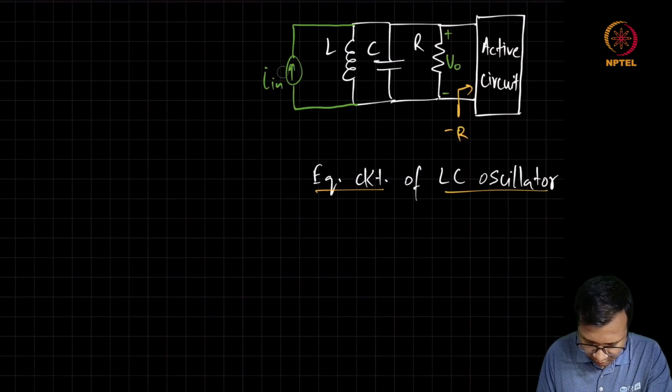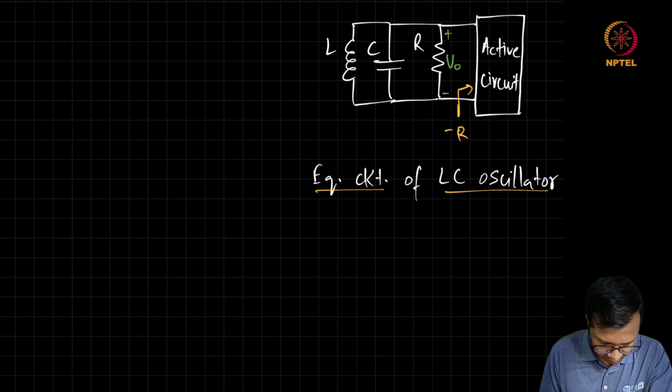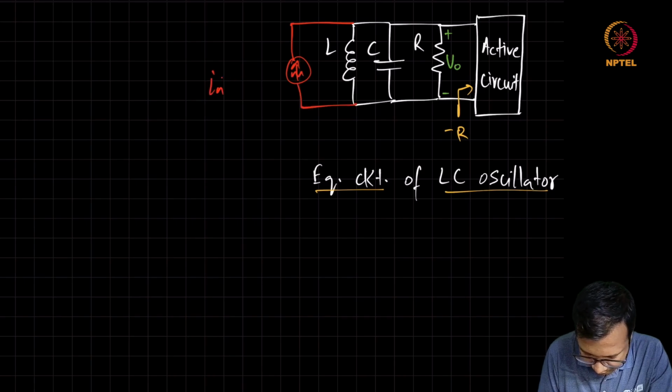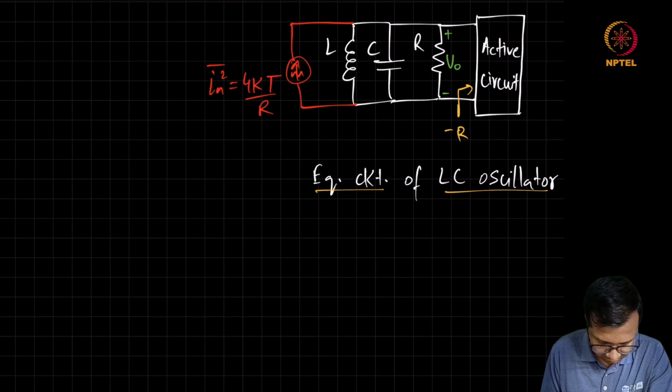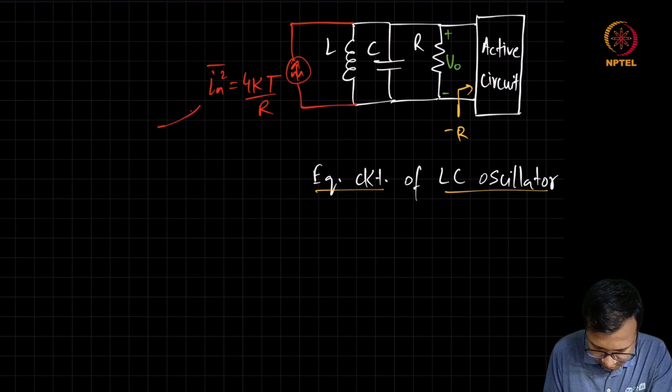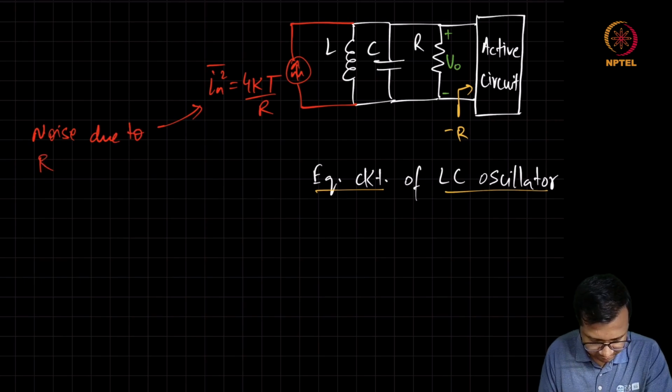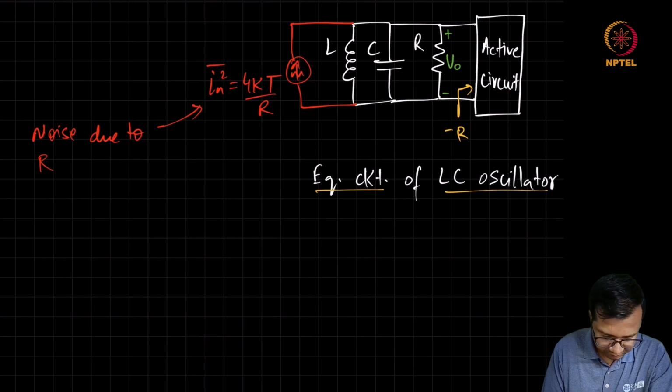So if we connect the current noise due to this parallel resistor, I N square equal to 4 kT by R, noise due to R. Here we are ignoring the noise due to the active circuitry.